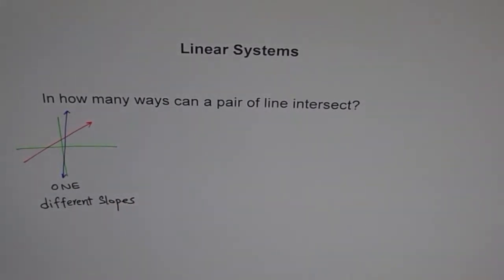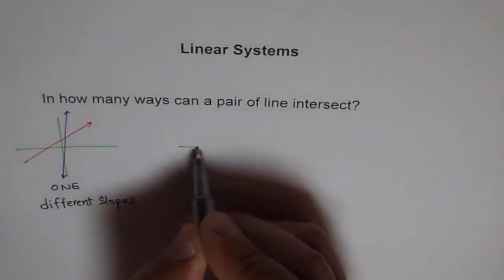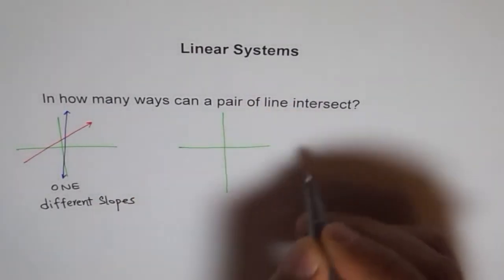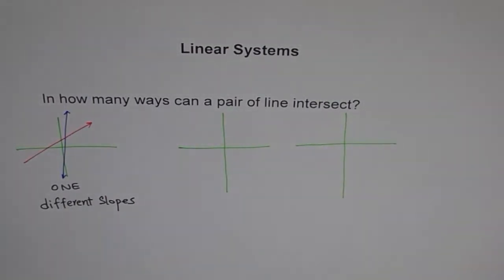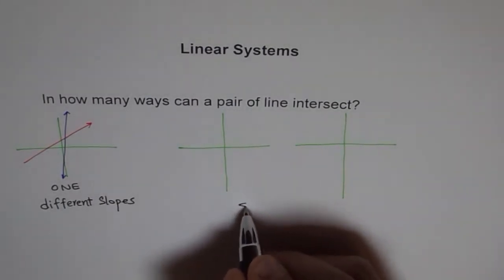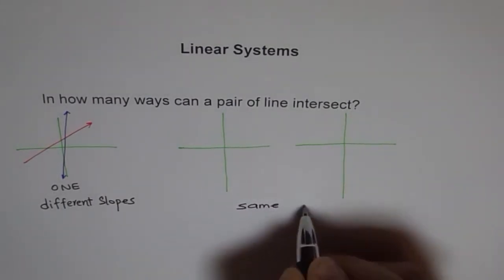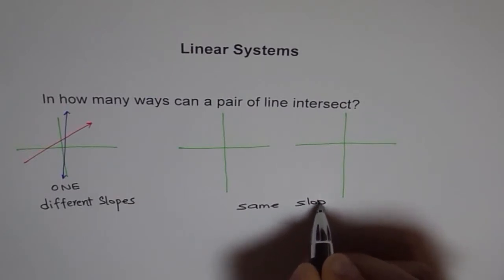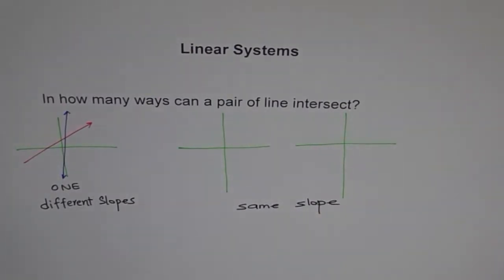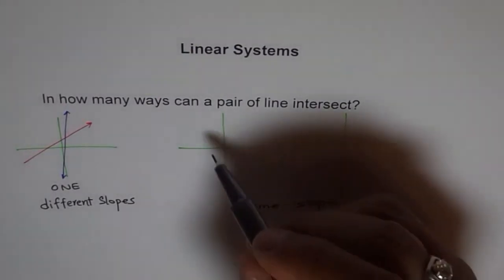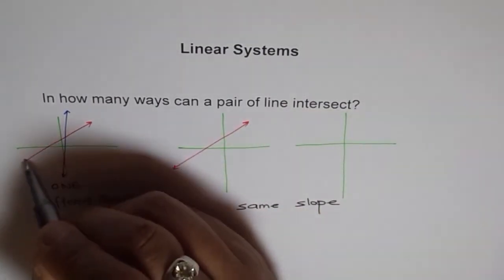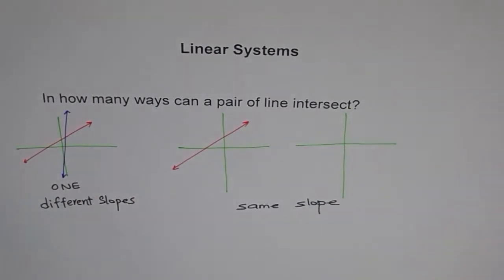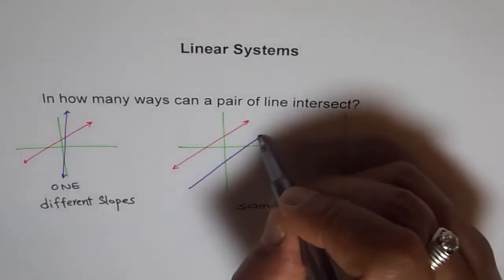Okay. Now, if the slopes are not different, that means the slopes are the same. So in that case, we have two scenarios. These two scenarios are for the same slope. Now if they have the same slope, then let's say this is one line and the other line is like this, right?